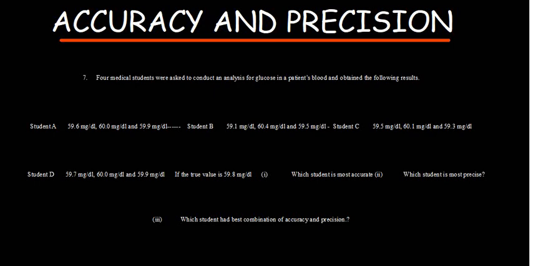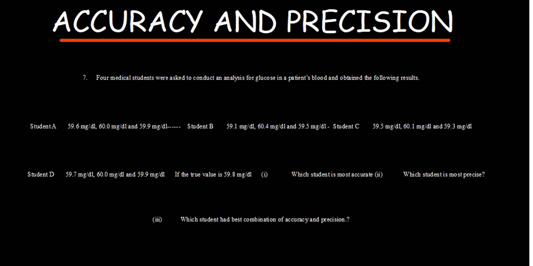Of course, you'll be given a set of numbers like we've been given in this question here, for the first student, the second, the third, and the fourth, and we've been given the true value. So how close are those numbers that the student was measuring, be it an experiment or anything they were doing, to the exact value, the true value?